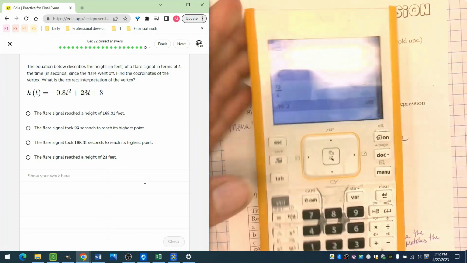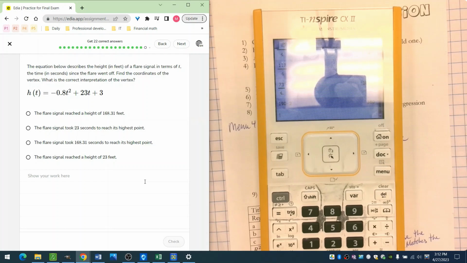Okay, find the coordinates of the vertex. Okay, so we don't know the coordinates of the vertex, but I do know that x is going to be basically your time, and that this is going to tell me how tall it is. So I'm guessing that this is the right one. It definitely didn't take this many seconds to reach the highest point.